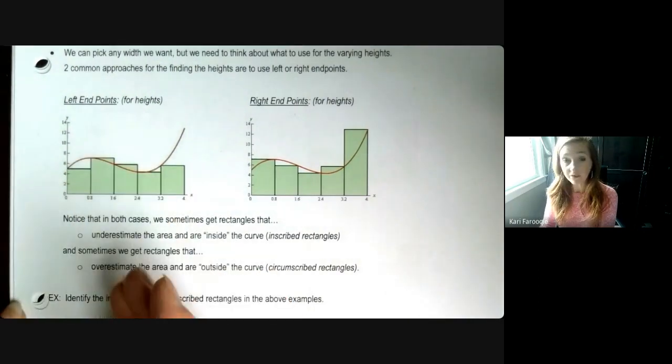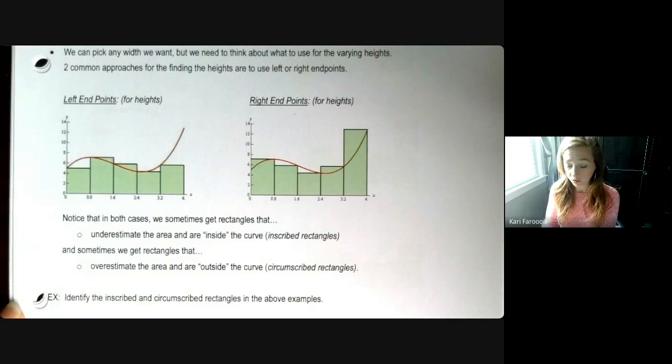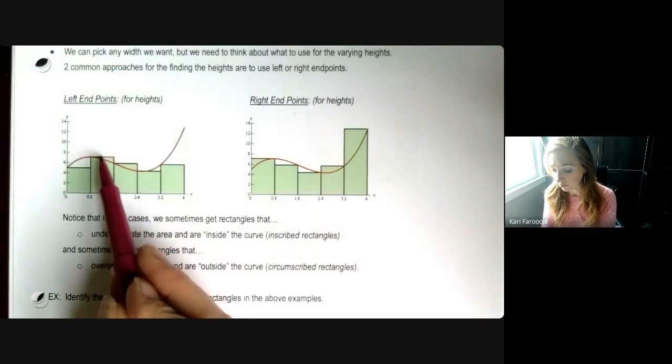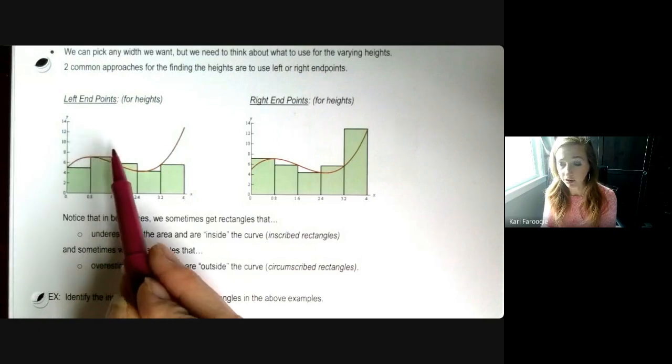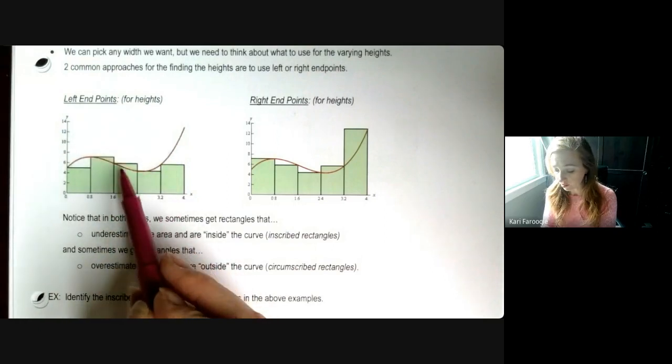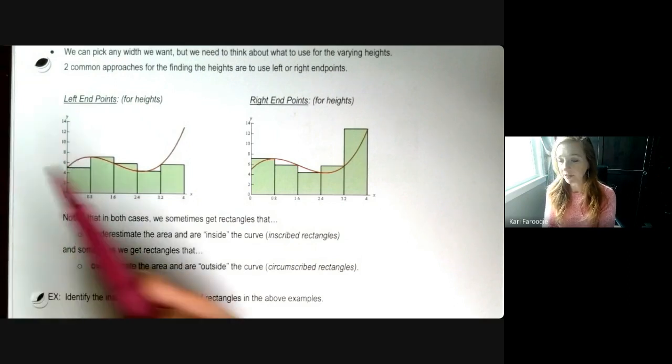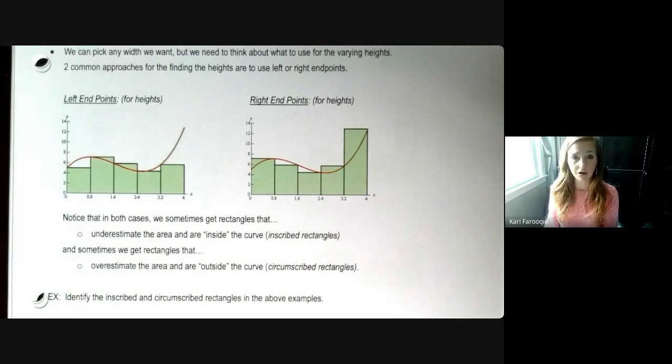And now some of these rectangles would overshoot the area. For instance, here you have some rectangles covering a place where you don't have area under the curve. And again, this one's above. But then on something like this first rectangle, it's not covering the whole area because you have space below. So it's an approximation, but it gives you an idea if that's all you're looking for.